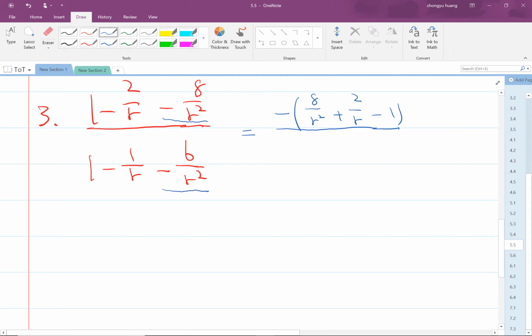As you see, in this denominator we have a negative 6 over r squared. Obviously we cannot do any factorization of this term, so you have to pull out the negative first. You pull out the negative and then put the terms into the bracket.